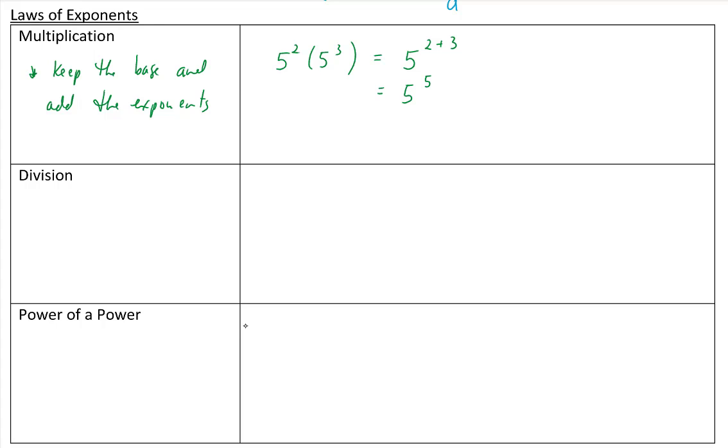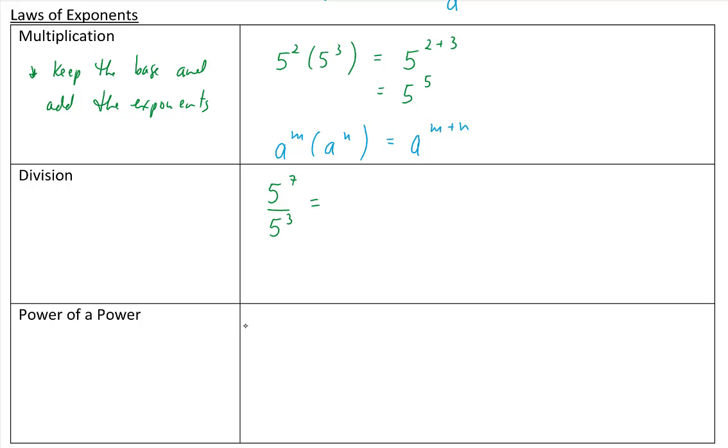So in general, let's say I had a to the m times a to the n. Since the bases are the same, this would be a to the m plus n. That's our general formula. Next is division. So I have 5 to the exponent 7 over 5 to the exponent of 3.